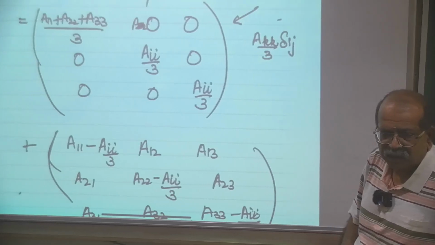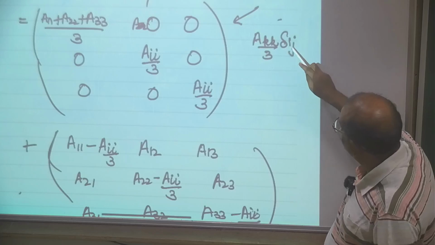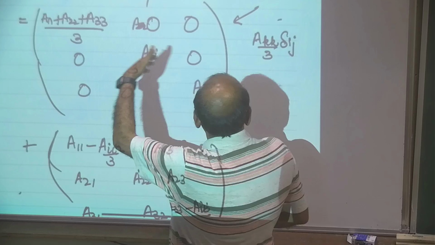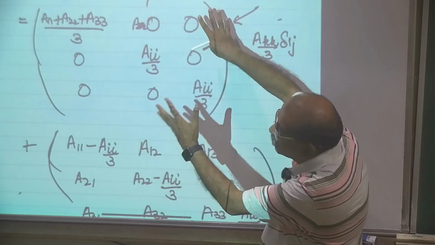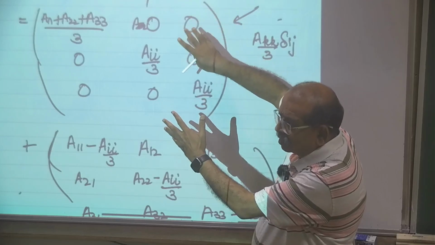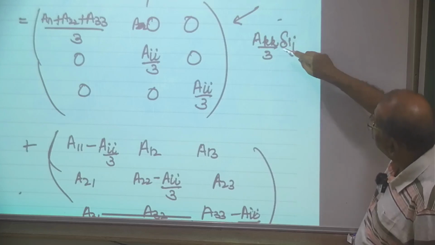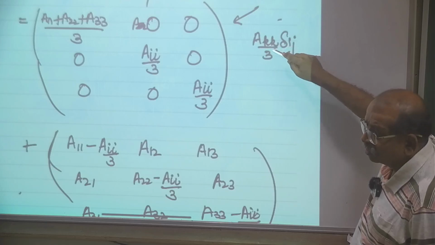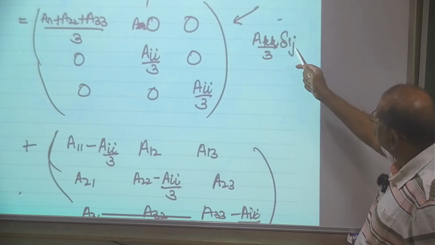Is that clear? This will be equal to whatever A prime ij, where A prime is this part. I have divided A, and this first part I can write as Akk by 3. Notice I did not use i or j here. I used some other index because I wanted to use delta ij.